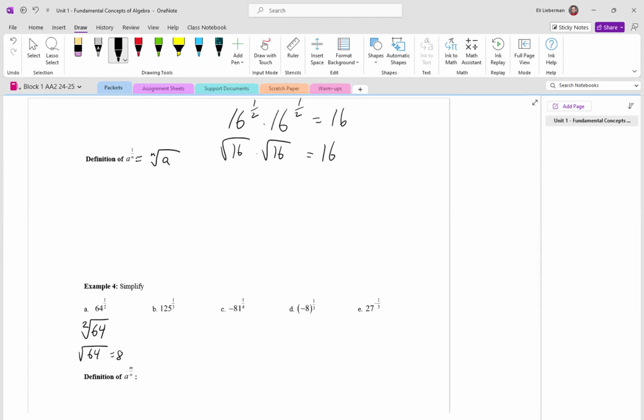We don't normally put that 2 in the index. So B, well, it's 125 to the 1/3, which is the same thing as the cube root of 125, which we know is, of course, 5.